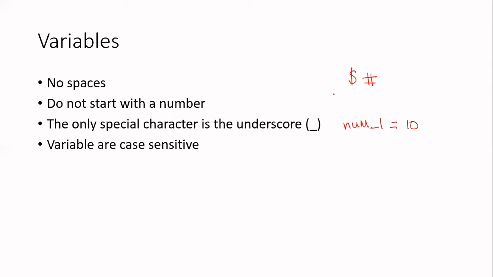Variables in Python are case sensitive. In other words, if you have a variable called num, and if you have a variable called num with a capital letter N, these are seen as two different variables. And if you create another variable, NUM, all capital letters, each of these are seen as different variables.